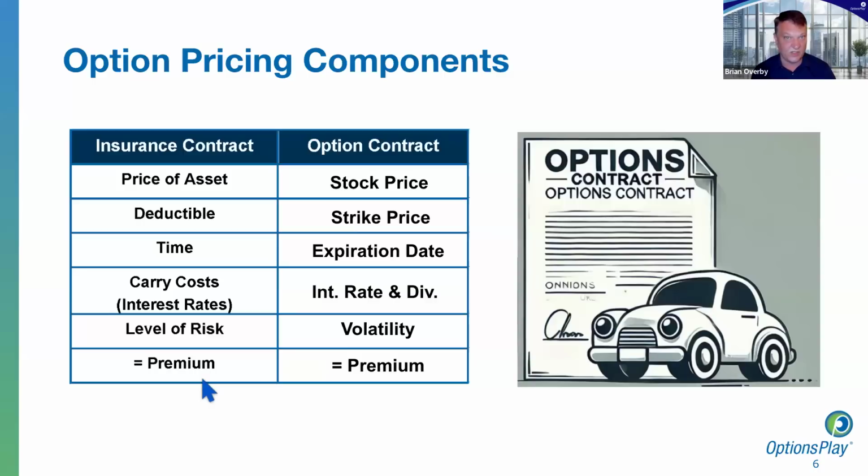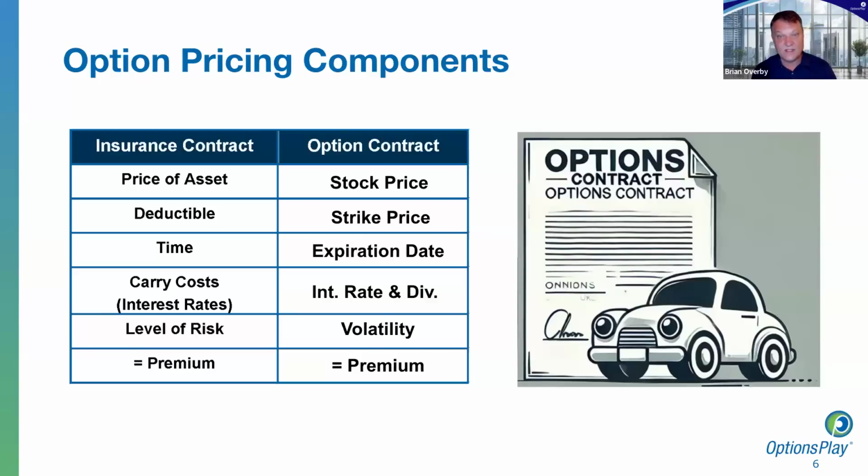So I talk about the synergies between the insurance world and the options world. First of all, the variables they're looking at when pricing an insurance contract are the same as when pricing an option contract. Once you price it, you call that price the premium. I'm paying my car insurance premium. I'm paying this premium for this call or this put option.